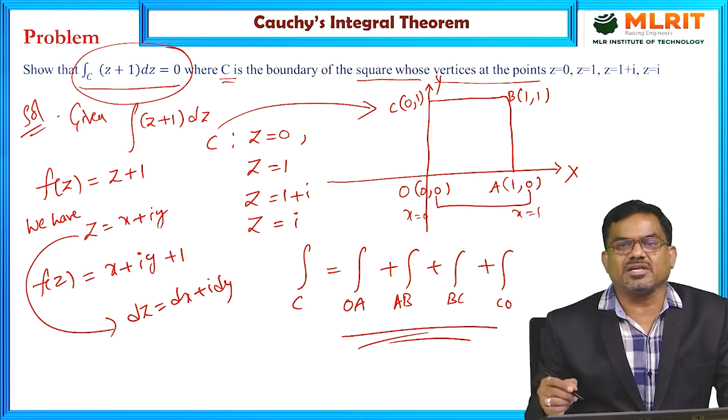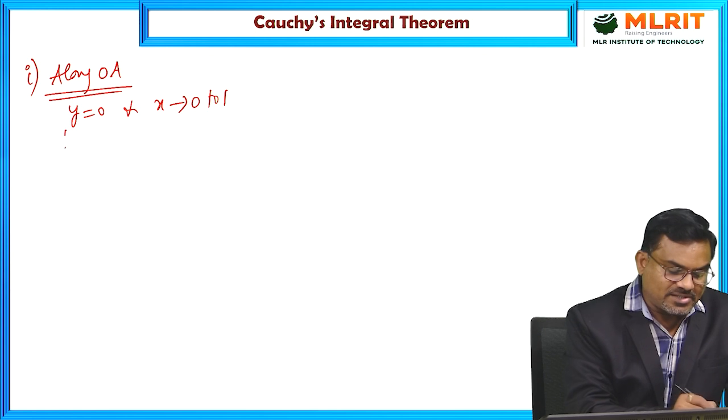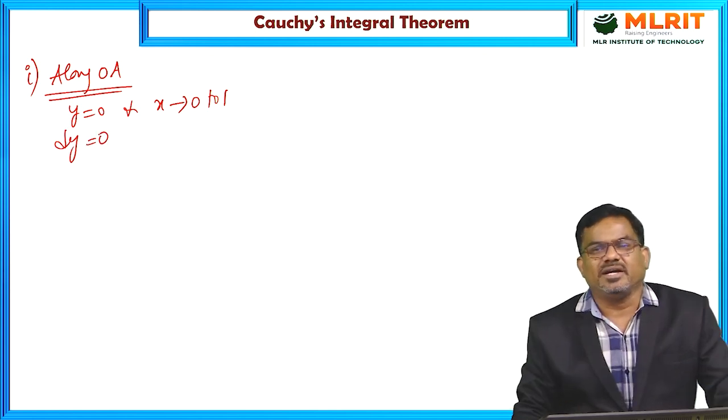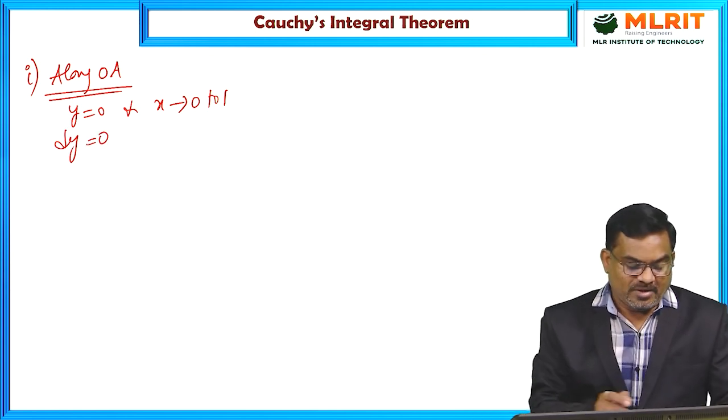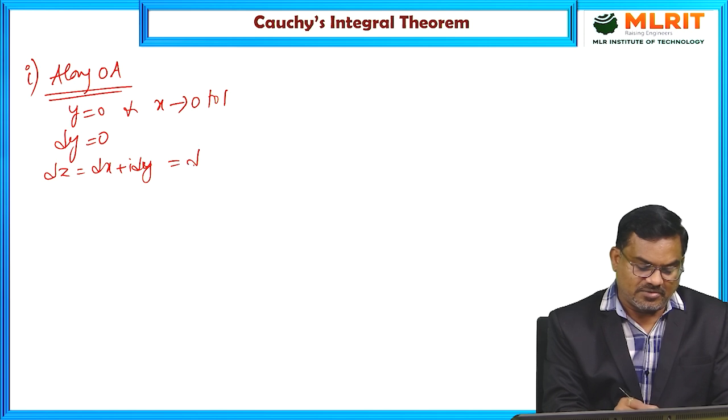So x changes from 0 to 1. If y is 0, what is the value of dy? dy is 0. Now dz is dx plus I dy. Since dy is 0, this is equal to dx.